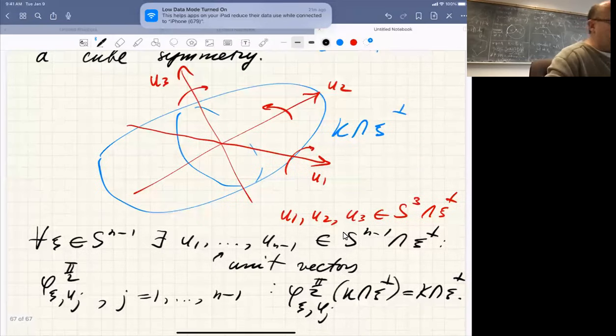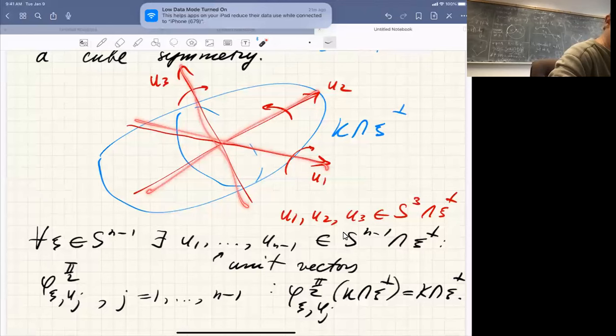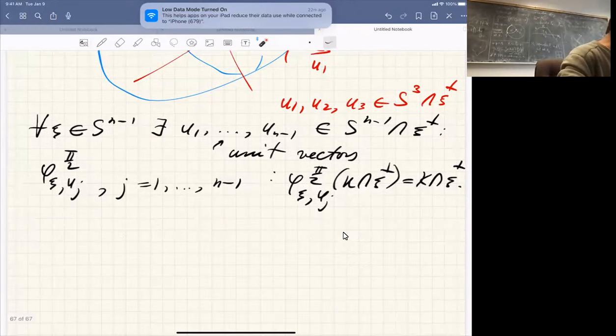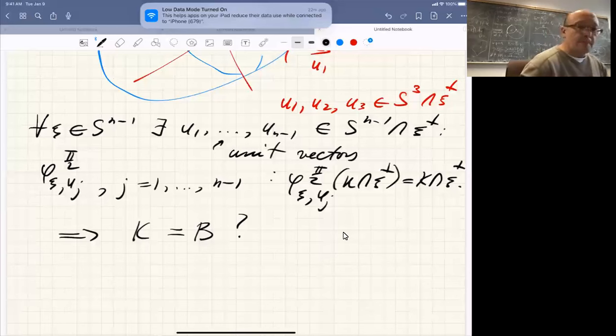Again, if you are in the four-dimensional case, you have three axes, but you don't see them. They just exist. And about every axis, you can rotate your section, and the section doesn't care. So the question is, does it follow that K is the Euclidean ball? Okay, this is the question.